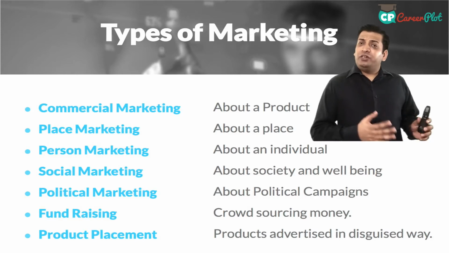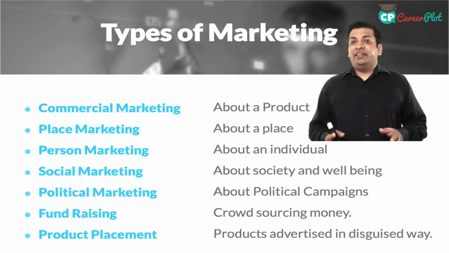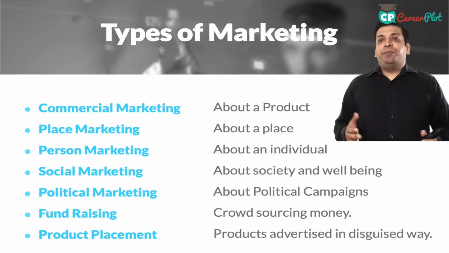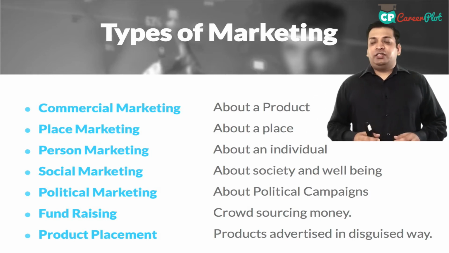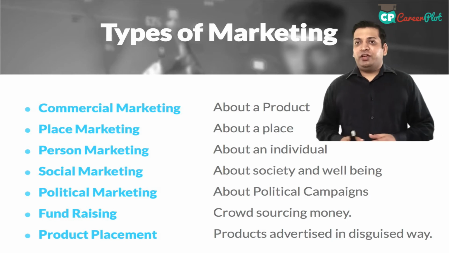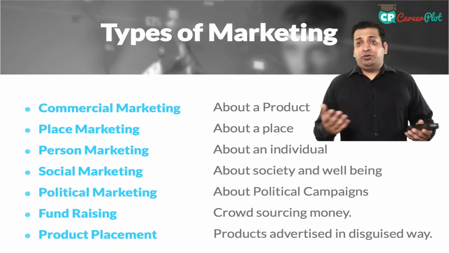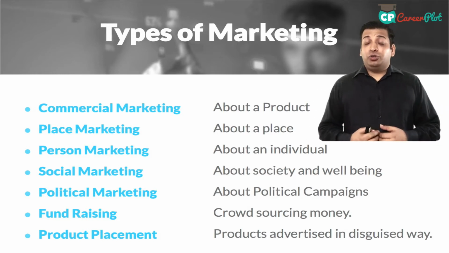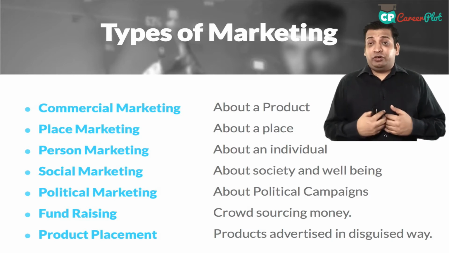Now the fourth one is called social marketing. Social marketing is all about society and well-being. Let's take an example again. PETA, People for the Ethical Treatment of Animals, does a lot of social marketing where they talk about being vegan and not killing animals, and they have a whole campaign built around it, to show people how killing animals should appeal to their conscience.